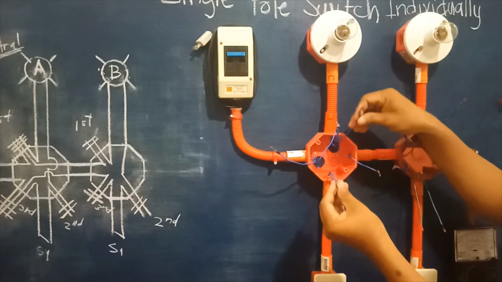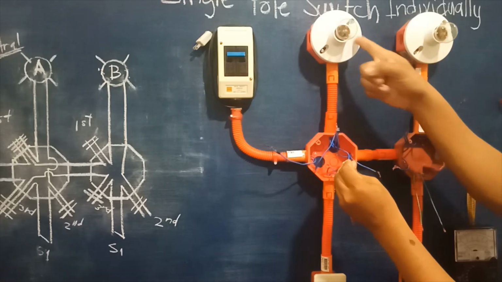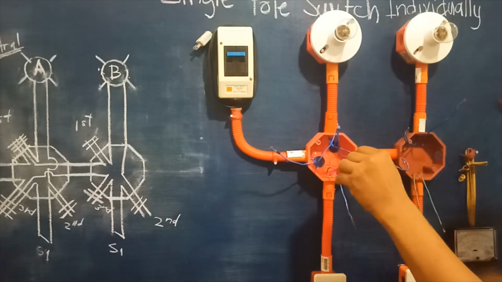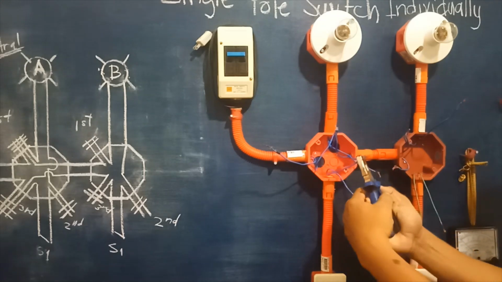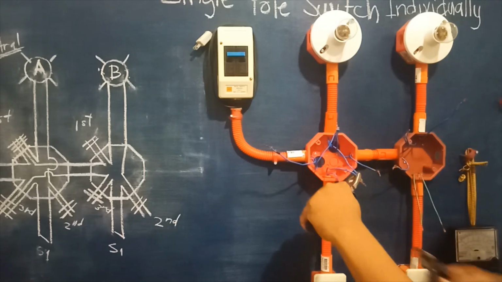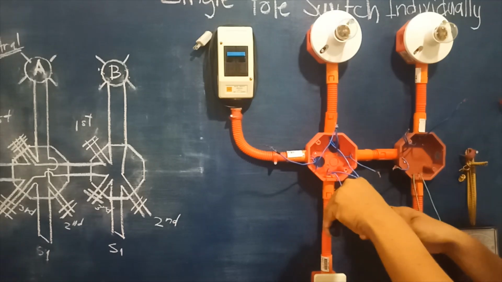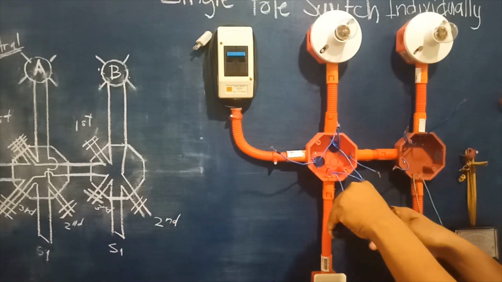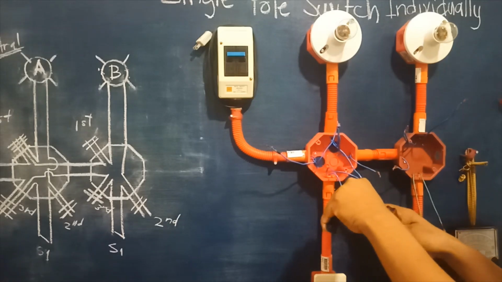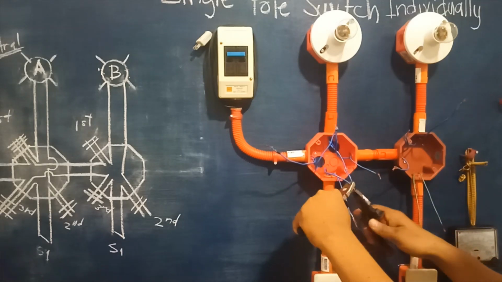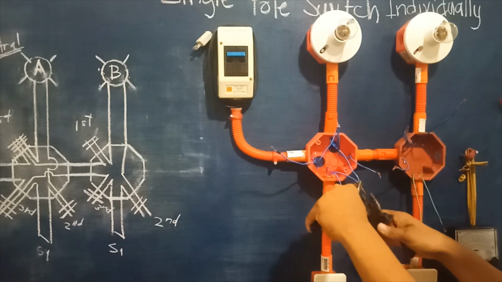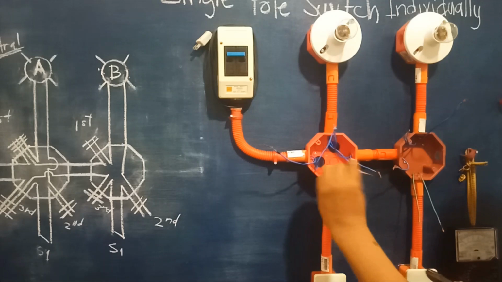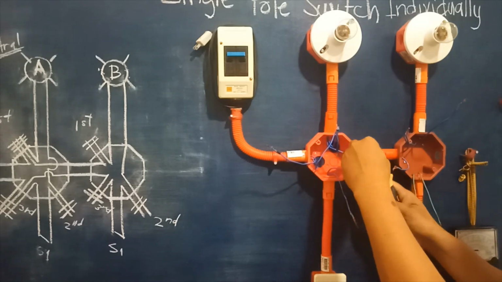Alright, so this way, from load to switch, we will use this one. From the load to switch connection, this way. Okay, we will remove the last portion of the connections.